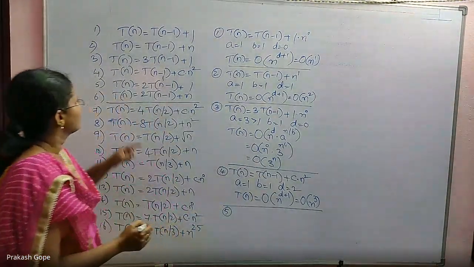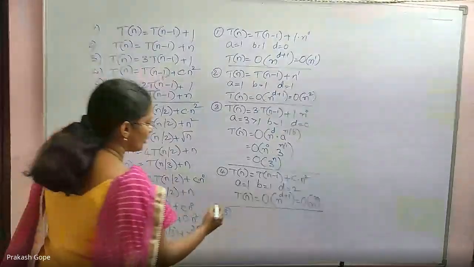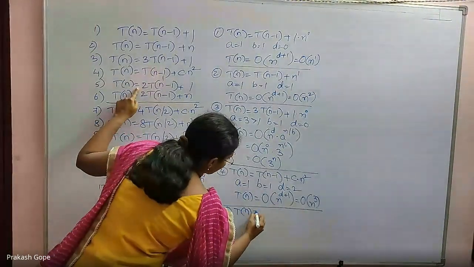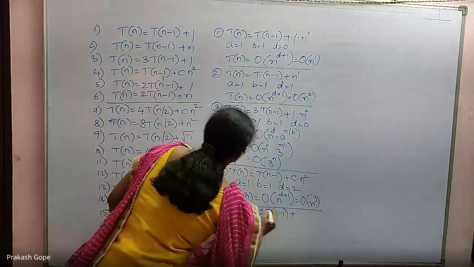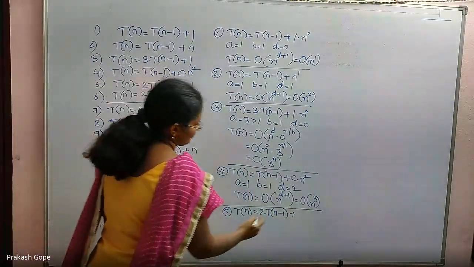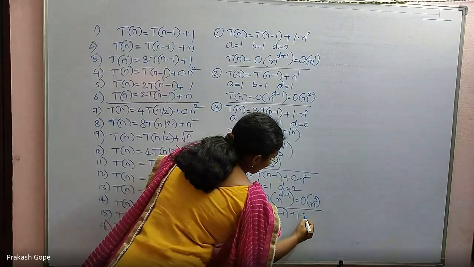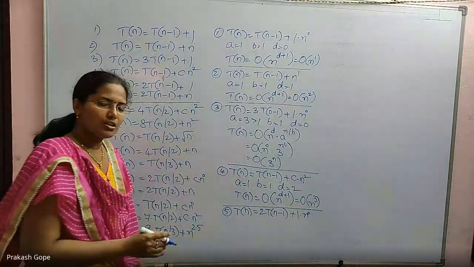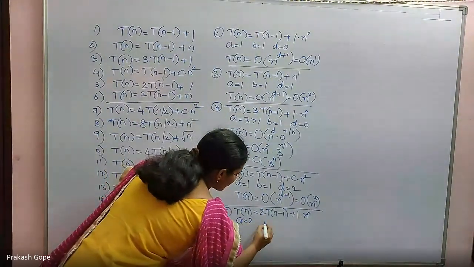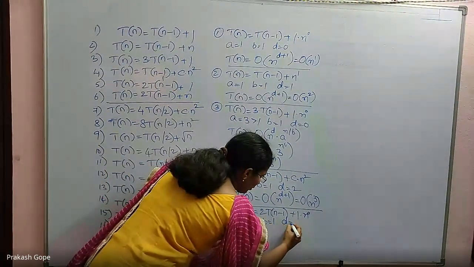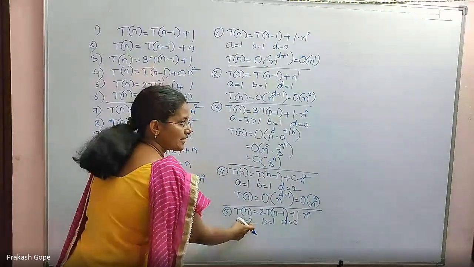Fifth question. T of n is equal to 2 times T of n minus 1 plus 1. 1 means 1 into n power 0. Constant, constant into n power 0. Okay. A equal to 2, b equal to 1, d equal to 0. A equal to 2 means the greater than 1 case.